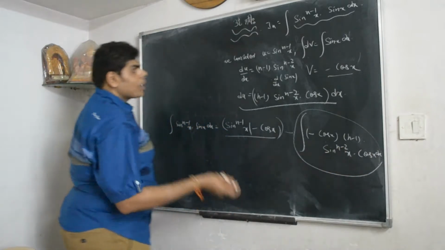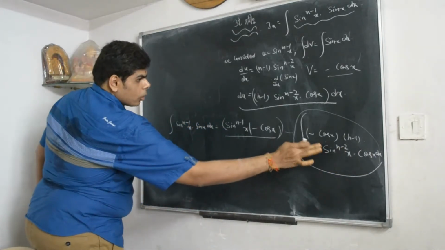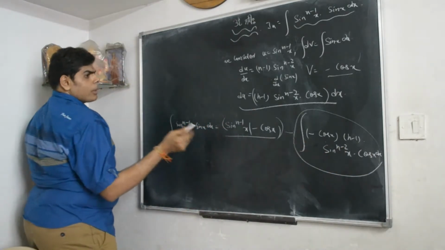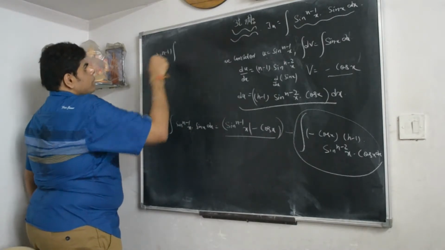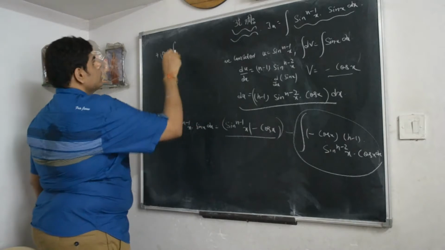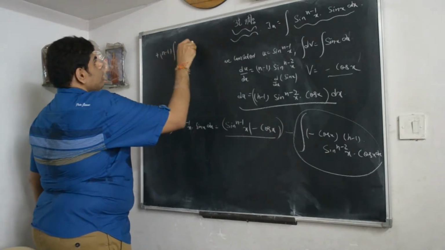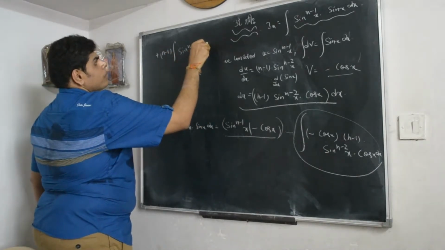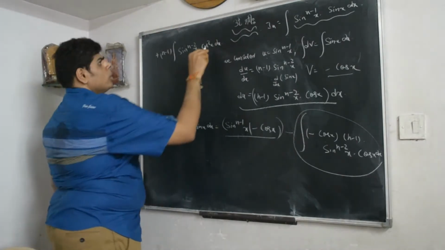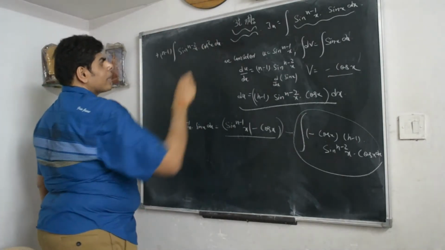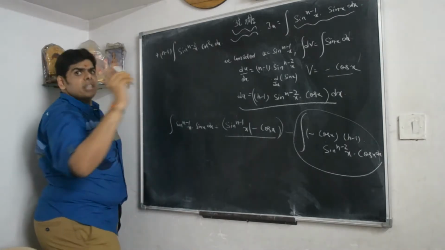Now I consider only this particular part, which is plus n minus 1 into the integral of sin^(n-2) x into cos^2 x dx. In trigonometry, cos^2 x can be written as 1 minus sin^2 x.